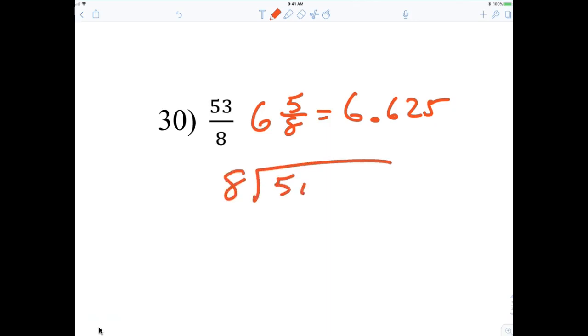8 goes into 50. I knew it started with a 6. Wait, what would you do to divide it? Oh, you just do 8 divided by 53.